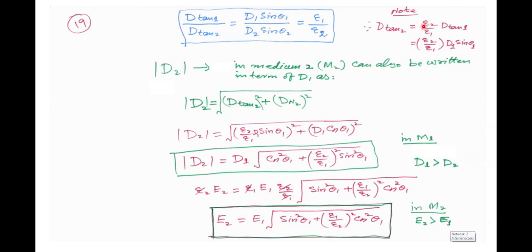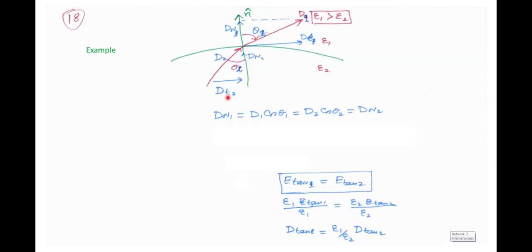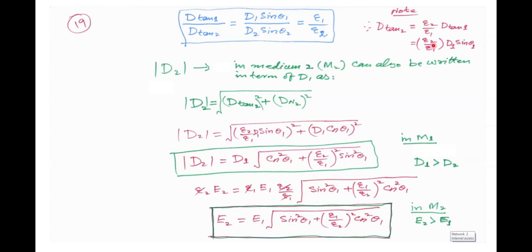Using this relation, the tangential component of the D2 field Dt2 is equal to epsilon 2 divided by epsilon 1 times Dt1, and from the figure you can obtain Dt1 is equal to the magnitude of D1 times sine theta 1. So Dt2 becomes epsilon 2 divided by epsilon 1 times D1 sine theta 1.